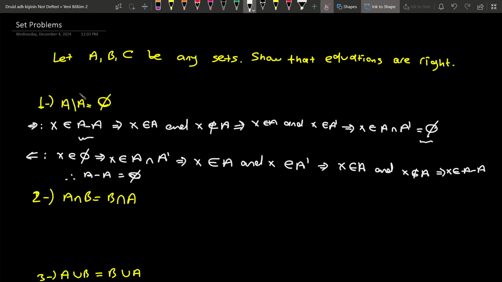We started from here, we finished here, and then doing the same thing backwards, we started here, we finished here. This means we showed that this equation is correct.